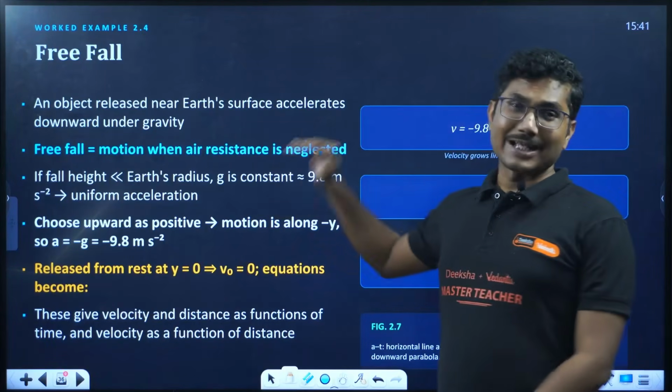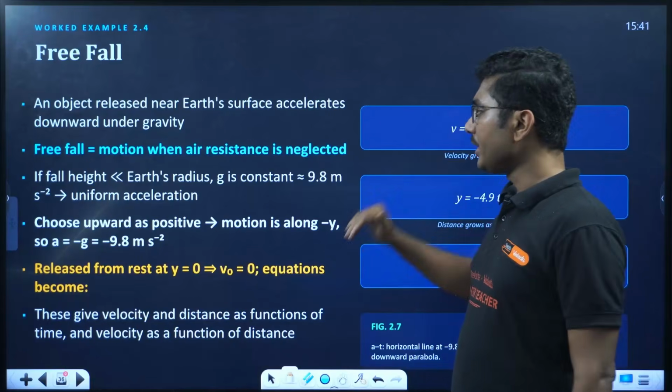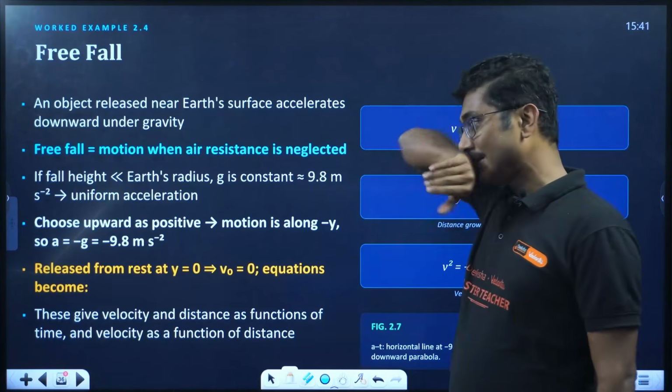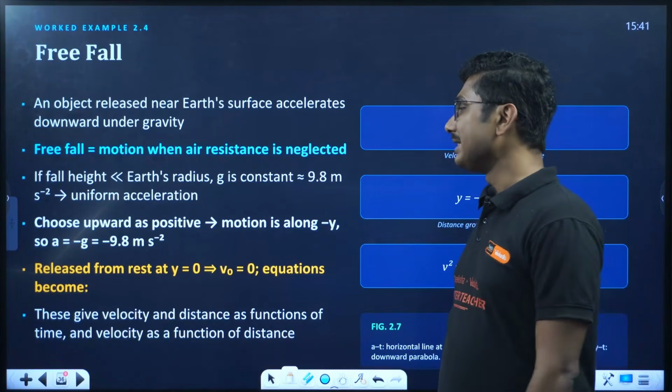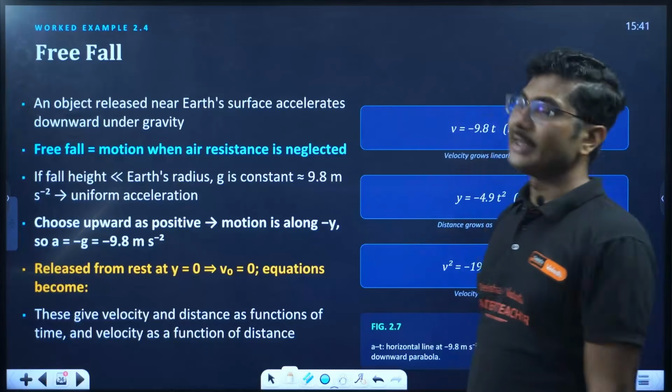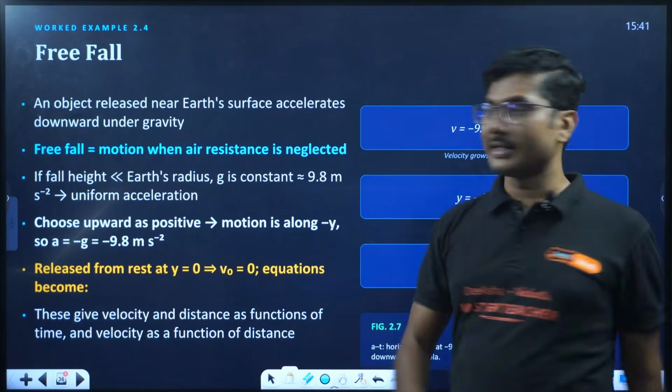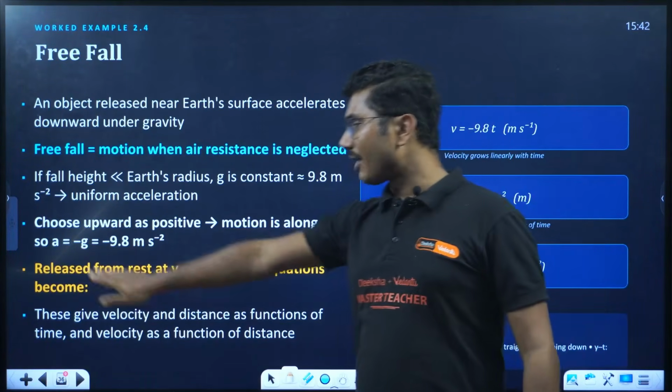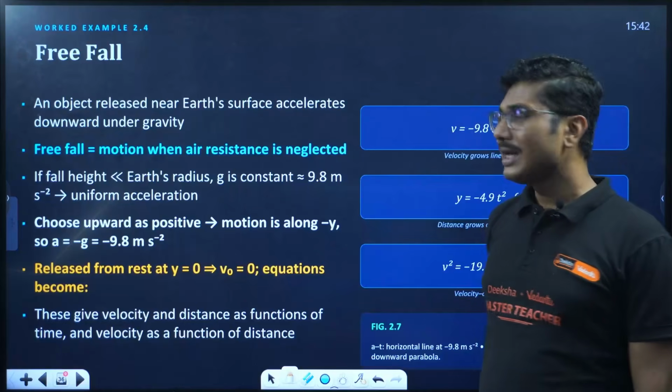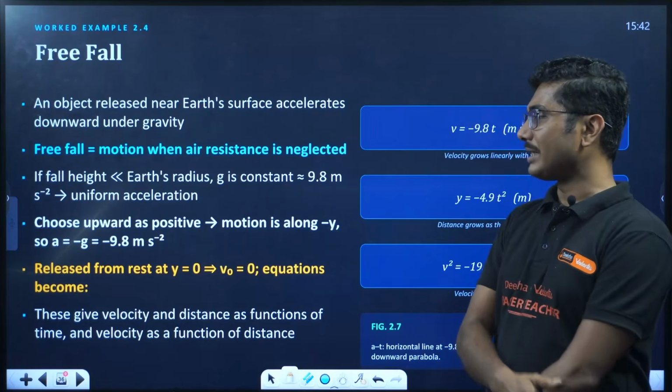Choose upward as positive. Motion is along the negative y-axis, so a is minus g. So always when the object is falling under gravity, you always take the gravitational acceleration to be minus 9.8 meter per second square.